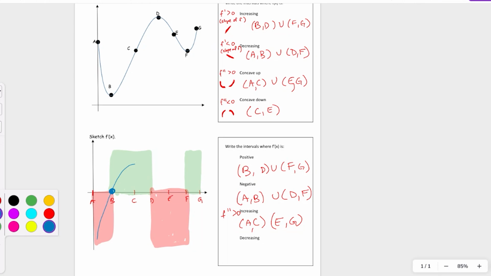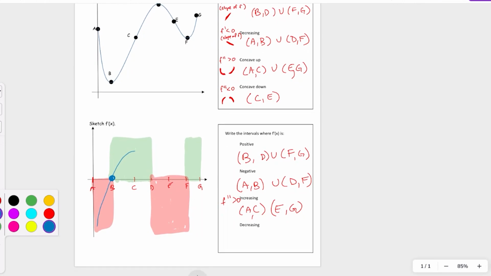What's happening between, say, c and e? It's decreasing. The second derivative is negative. That occurs when the original function is concave down. So between c and e, the graph is decreasing, passing through d.